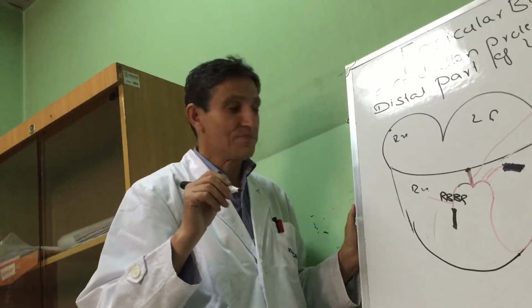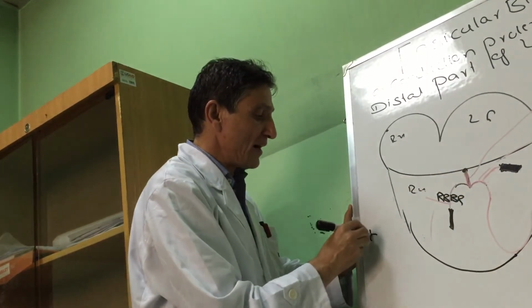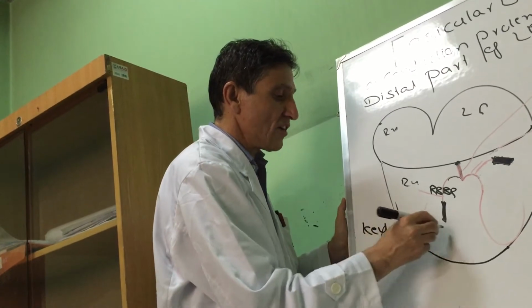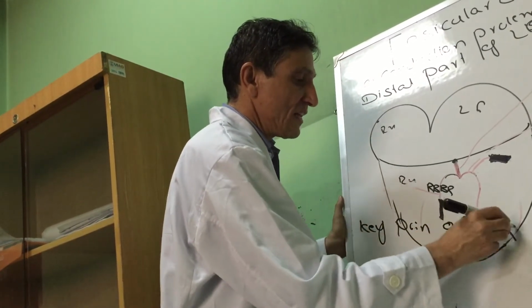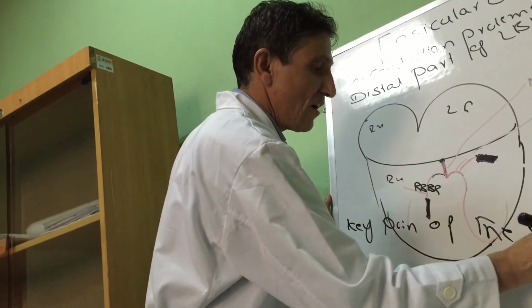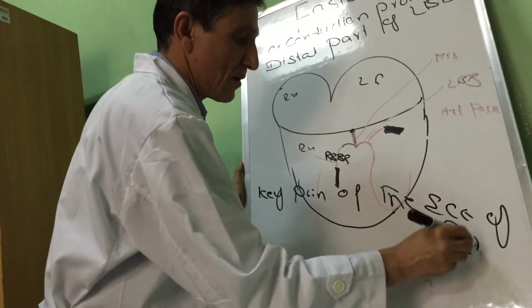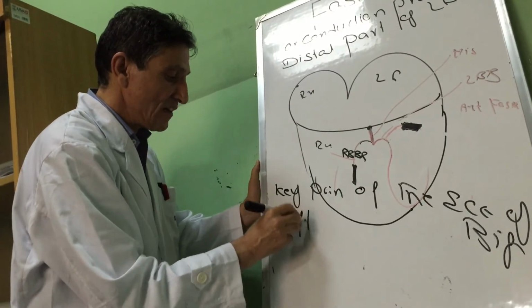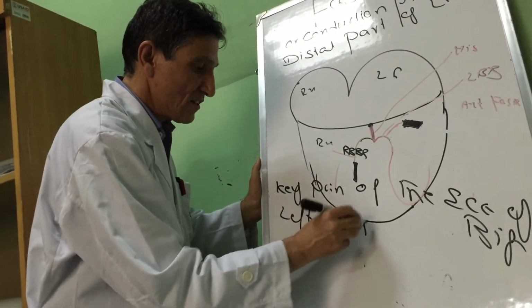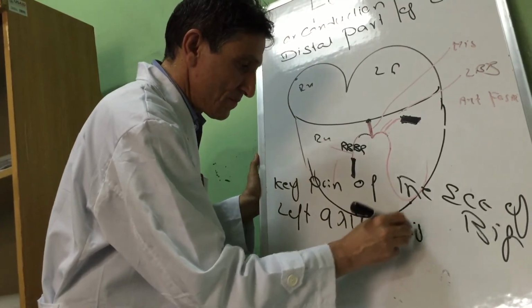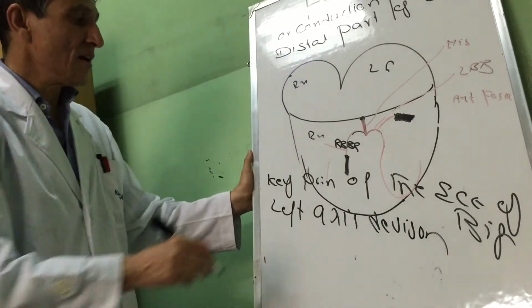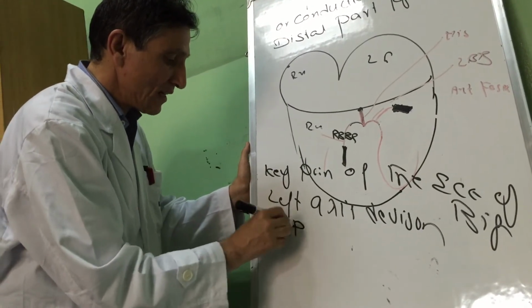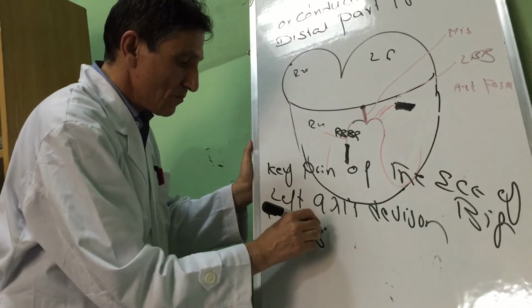Left axis deviation. So now the key points of the ECG of the bifascicular block: left axis deviation plus right bundle branch block.